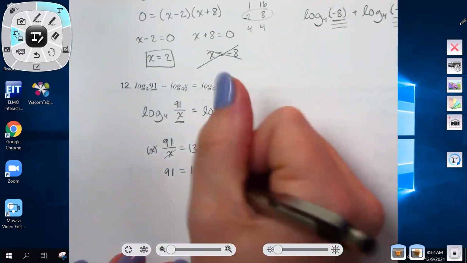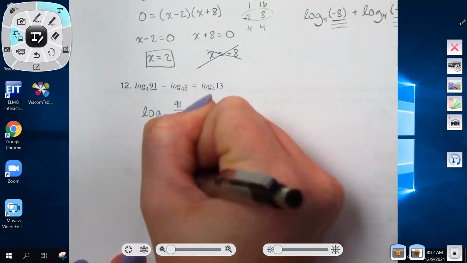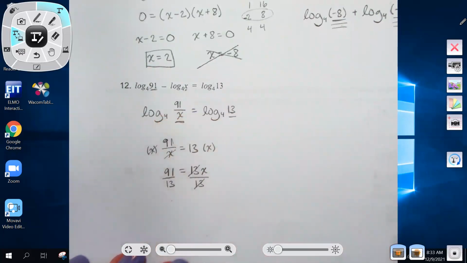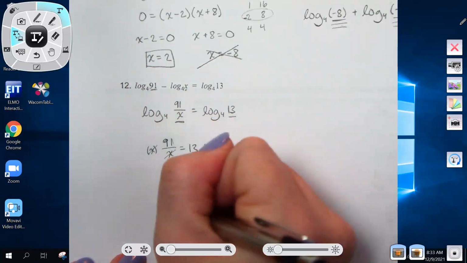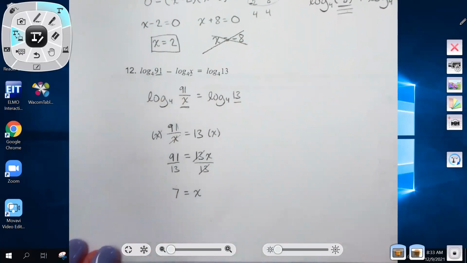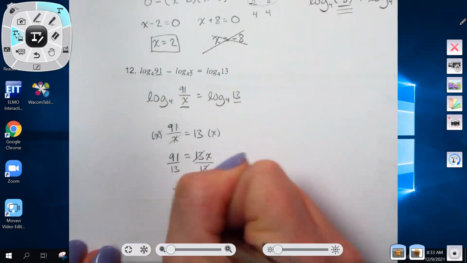Now to get x by itself, we need to divide both sides by 13. 91 divided by 13 is 7. So our answer on number 12, x equals 7.